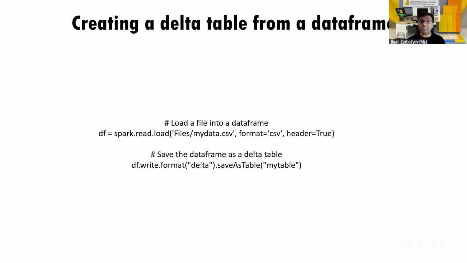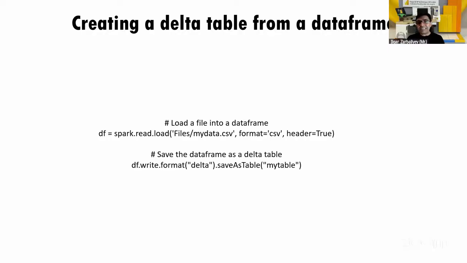And the data for the table is stored in the underlying Parquet files. With most of the interactive tools in Fabric, the details of mapping that table definition in the metastore to the underlying files are abstracted away. But when you are working with Apache Spark in a lakehouse, you get much greater control over the creation and management of delta tables. And that's what we are going to explore.